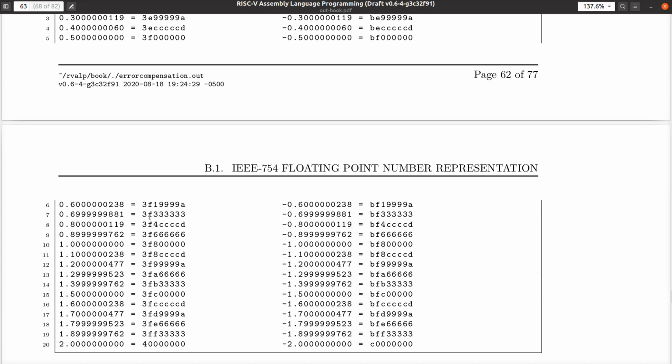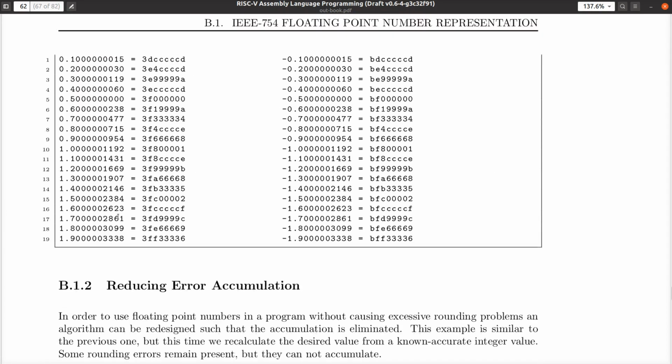But now, when we get to our 0.7 value, instead of rounding up, we rounded down. This value here is a lot closer to 0.7. What are we off by? 119 from 0.7? Well, what were we up here?